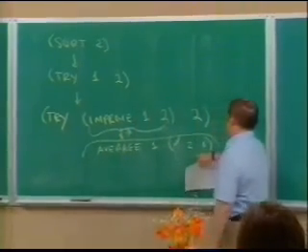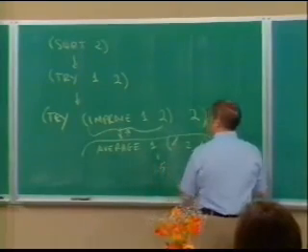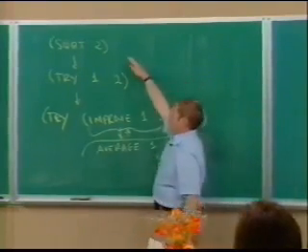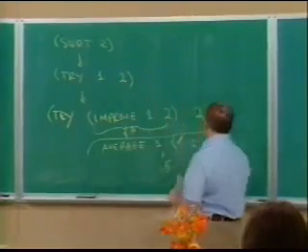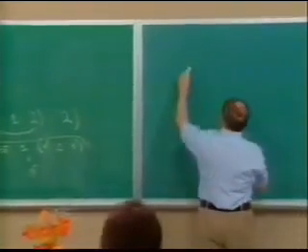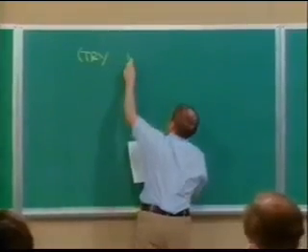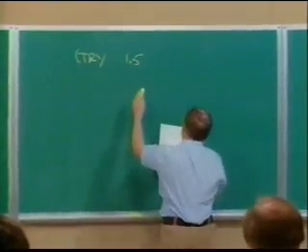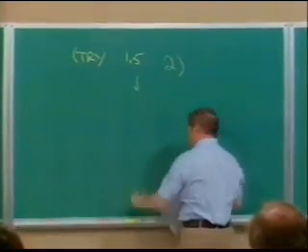And I'm going to try, and this is 1.5. So the square root of 2 reduces to trying 1 for the square root of 2, which reduces to trying 1.5 as a guess for the square root of 2. So that makes sense.